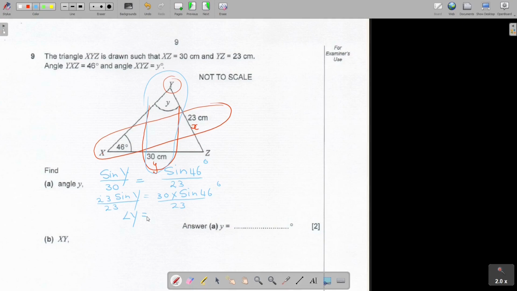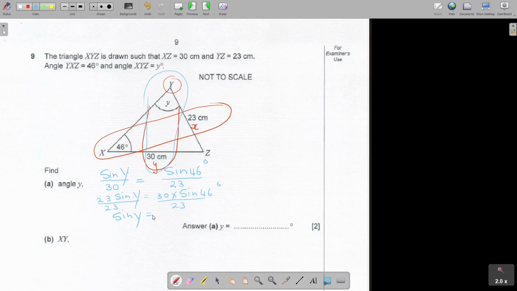Before I put that angle, sorry, I'm just going to write the calculator display. So you are getting sin y. Multiply, so again, 30 multiply sin 46. It's better to press equal. Not necessary here due to the multiply, but better. So divide, to get used to that, by 23.